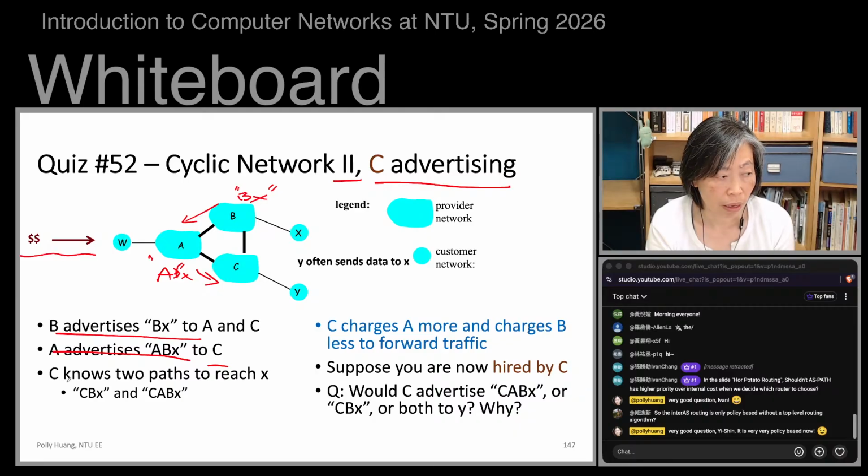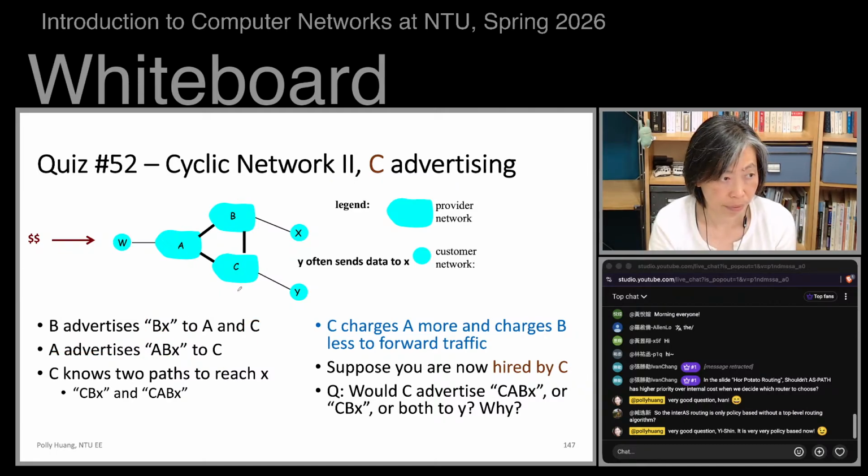And you know what? B also advertises BX to C. So BX is here, and ABX is also here. In a way, C has 2 paths: BX and ABX.